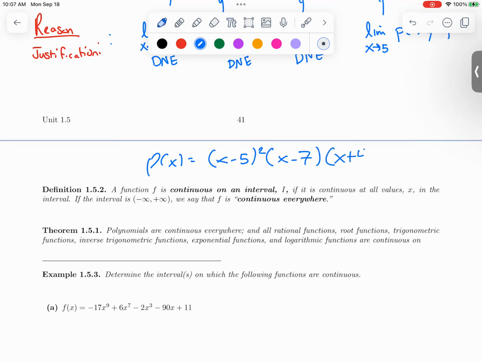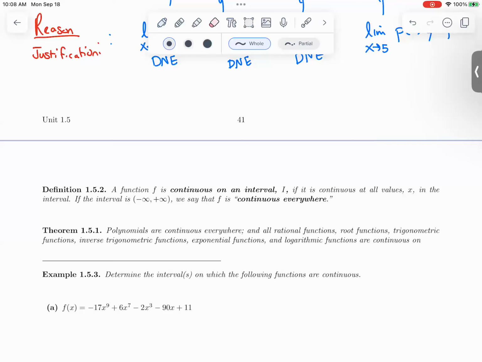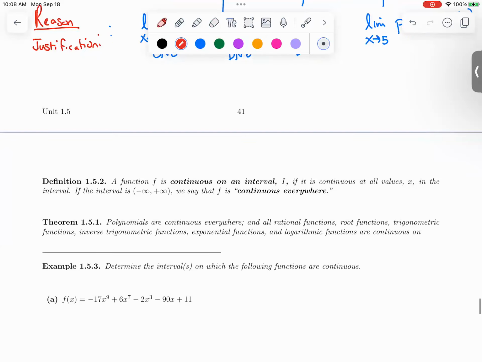But all rational functions, root functions, trigonometric functions, inverse trig functions, exponential functions, logarithmic functions, they are continuous on their domains. So mainly we're looking to make sure that we're not taking the square roots of negative numbers, not dividing by 0, not taking the logarithm of a negative number or a 0.